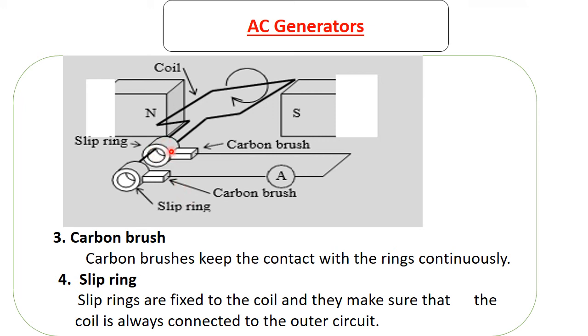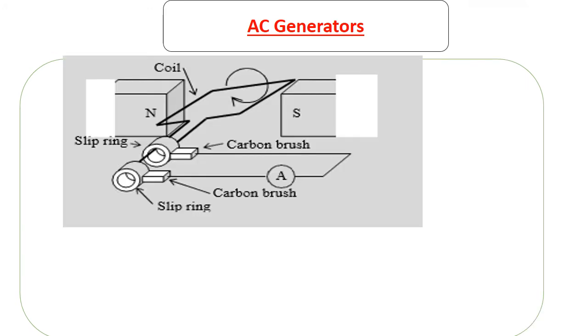These slip rings are fixed to the wires of the coil, and their function is to make sure that the coil is always connected to the outer circuit. And the job of the carbon brushes is to make sure that they are in close contact with the slip rings. So these are the functions of the parts.